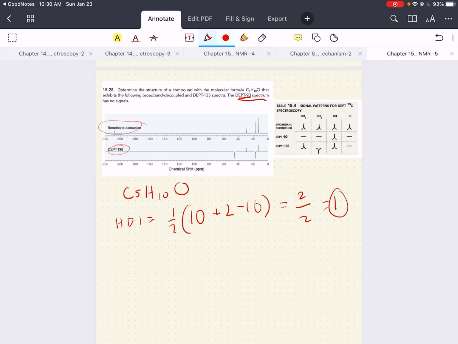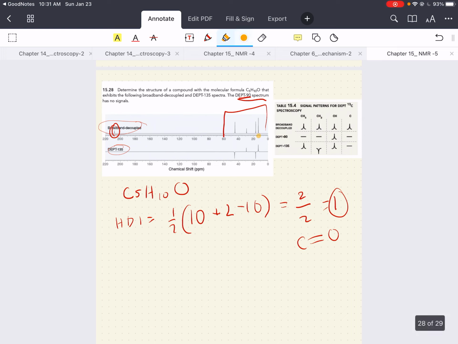So we probably have some sort of pi bond here, and we have a signal between 150 and 220, which is a carbonyl group. Great, we figured that out very quickly. Now, there are 4 different carbon signals between 0 and 50 ppm, so we need to figure out what those are, going one by one.